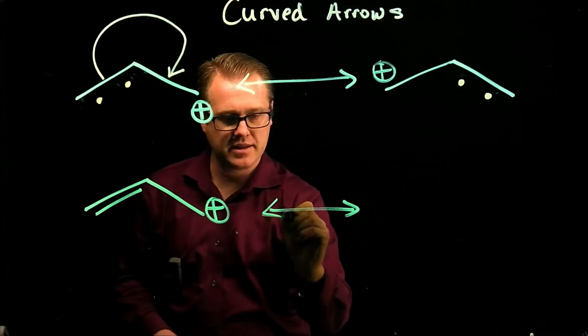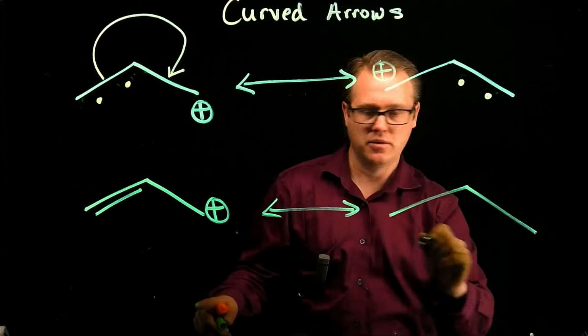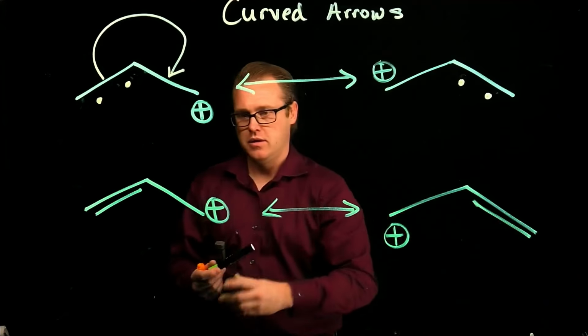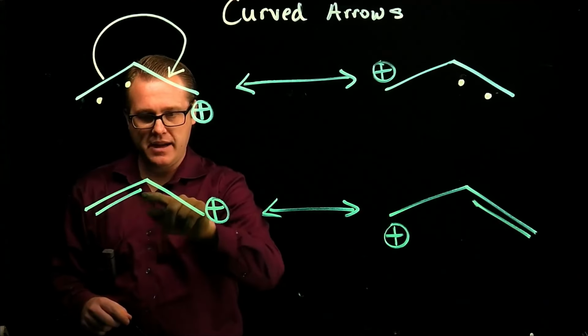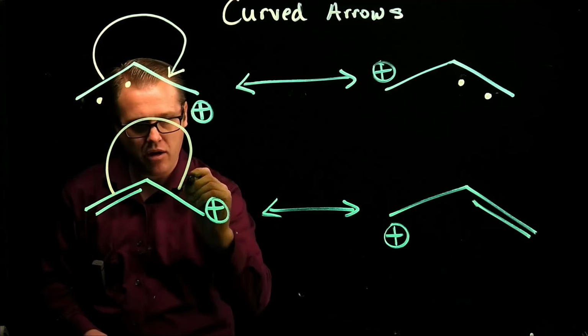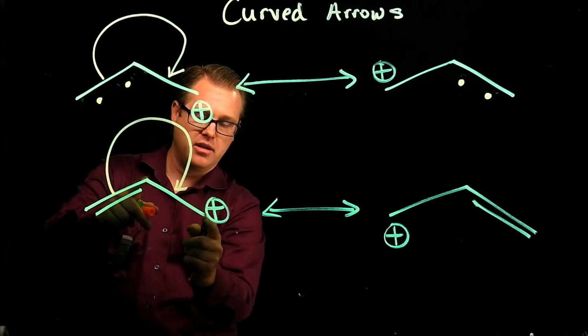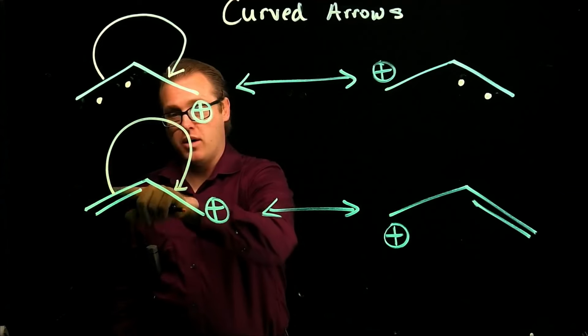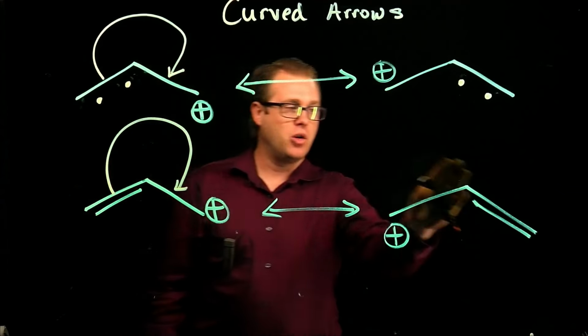So we have resonance arrows. We have these pi electrons right here, and we're going to take them from the center and draw the arrow to the center between these two. And so that orange arrow is saying these pi electrons are going over here.